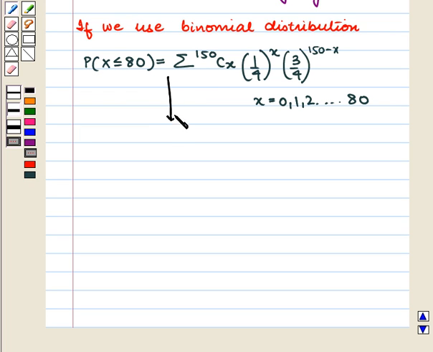This is not easy to calculate. So, we cannot use binomial distribution.